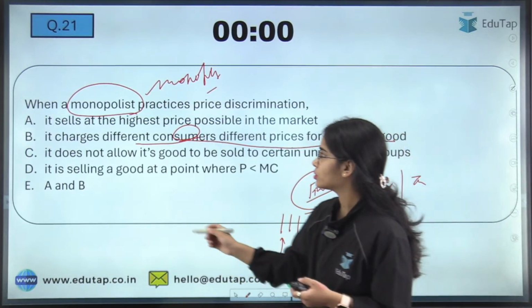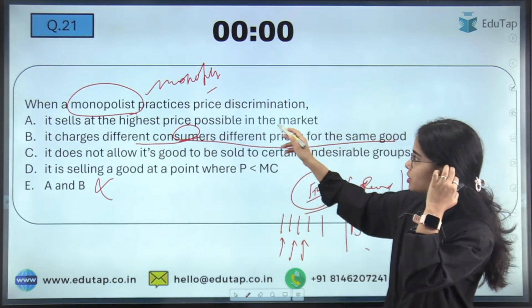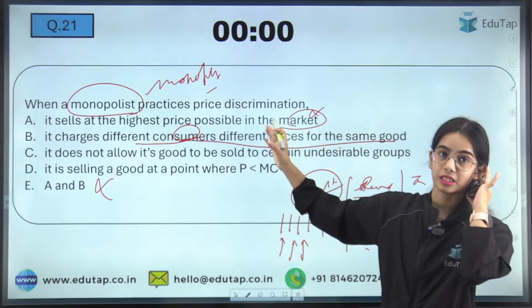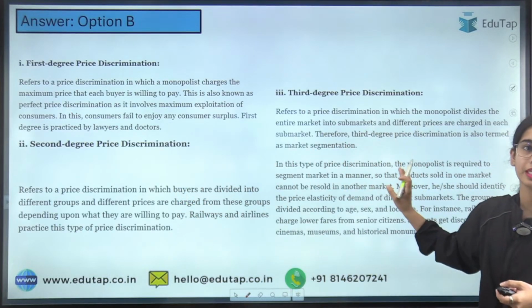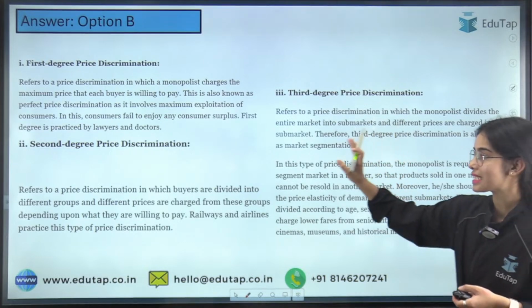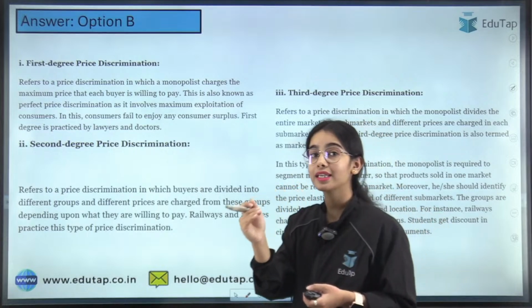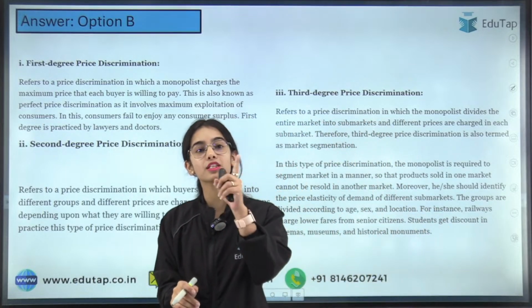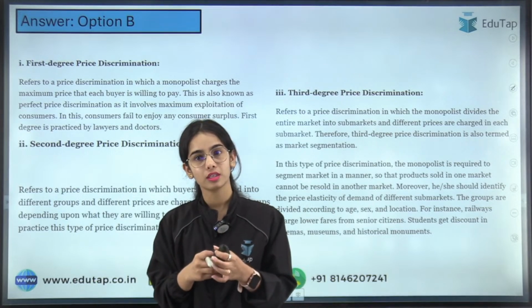A and B, no. Price discrimination does not compulsorily sell at the highest price possible in the market, because there is also second degree and third degree price discrimination. In the second and third degree, the firm is not charging the highest prices. It only happens in first degree price discrimination. Got it?